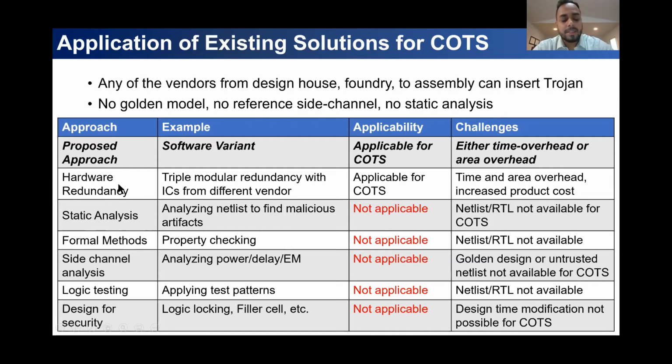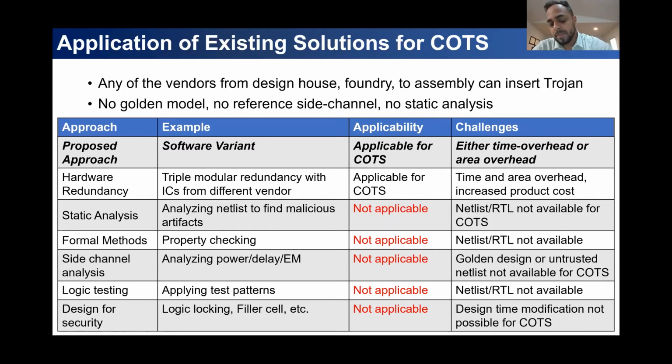Finally, the two techniques at the top are possible to apply in COTS. For example, we can potentially apply a hardware redundancy-based technique where instead of using one integrated circuit, we buy integrated circuits from different vendors. Say we buy 3 versions of the same chip and integrate them into our system like a triple modular redundancy.